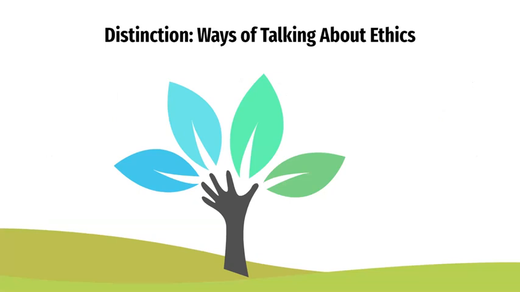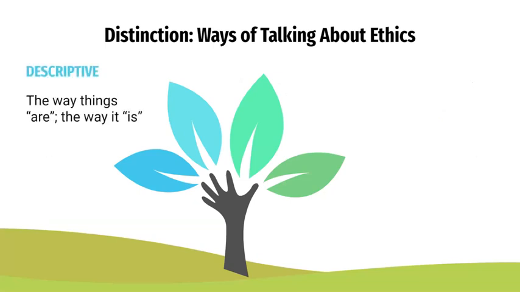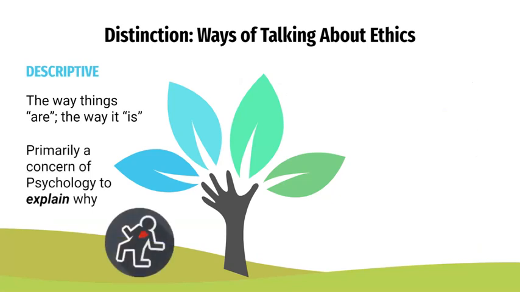So let's first talk about ways of discussing ethics. One thing that ethics is not about is descriptive claims. And by that, we mean something like the way things are. That is an important endeavor, but that is more for fields like anthropology, right?